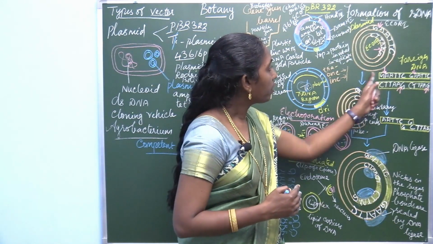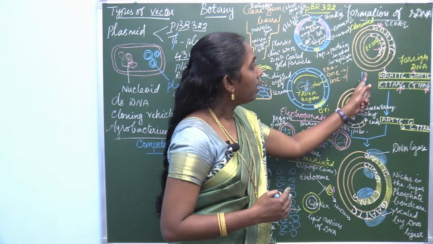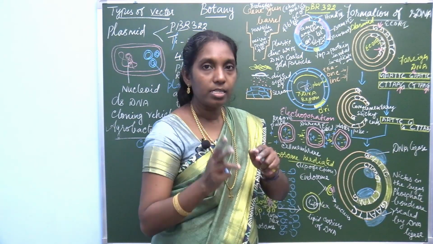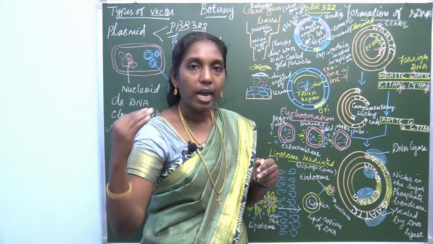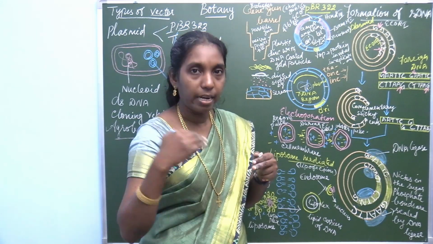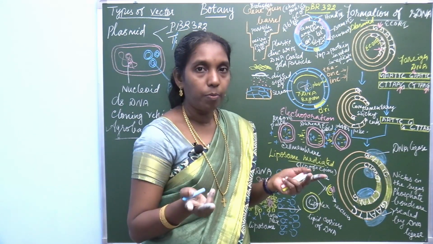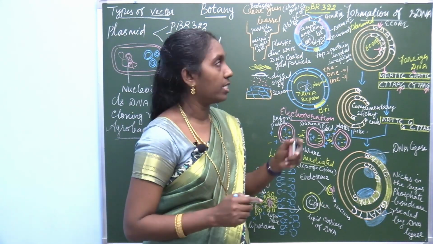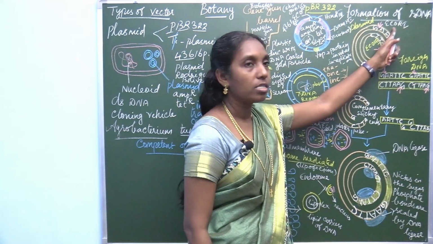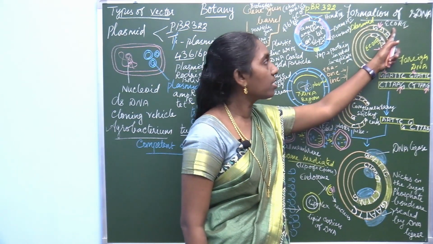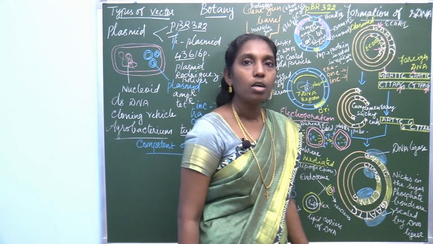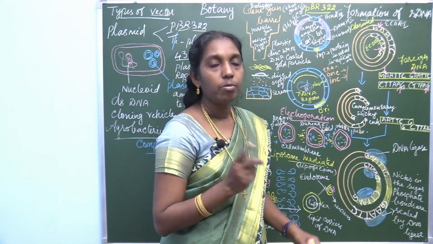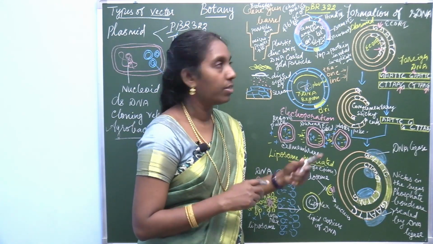So this is a plasmid. In this plasmid, the plasmid has to be cut open. At the same time, the DNA isolated from the desirable gene is cut open with the help of the same restriction endonuclease. The commonly used restriction endonuclease is EcoRI, E. coli restriction enzyme 1, because it was the first enzyme to be discovered.